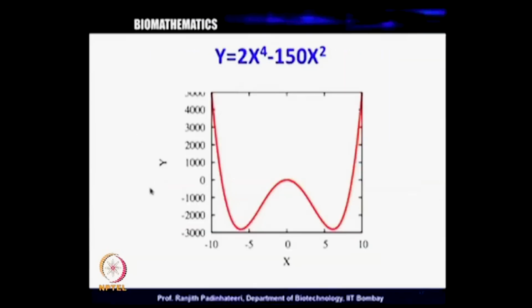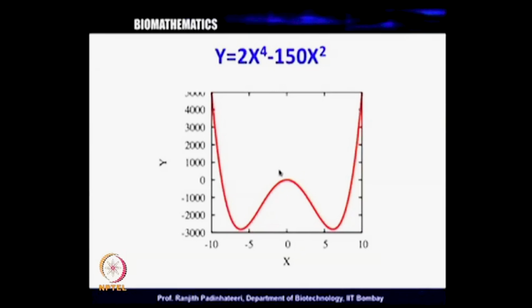If you look at this plot, the 0 is the maximum, plus 6.12 is one minimum here, and minus 6.12 is another minimum here. So just by equating the derivative to 0, we found three extrema: 0, plus 6.12, minus 6.12.